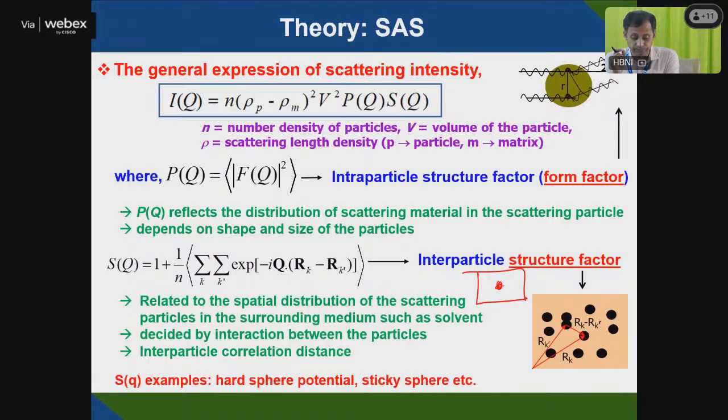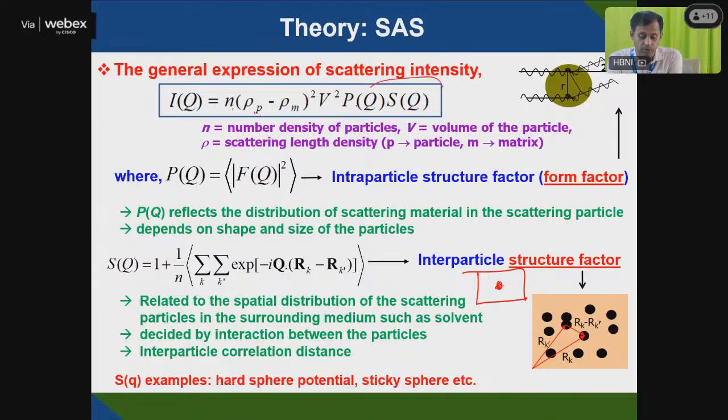P is for particle, and M is for matrix; the matrix means your solvent here. So I(Q) equals N, the number density of particles, times (ρ_P minus ρ_M), that is ρ particle minus ρ matrix, squared, times V squared.